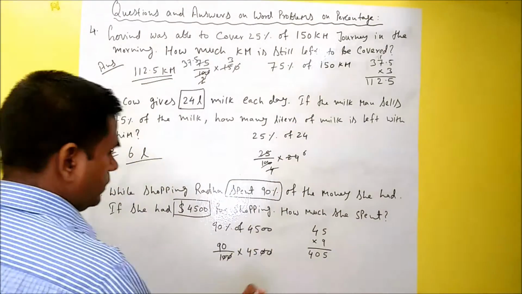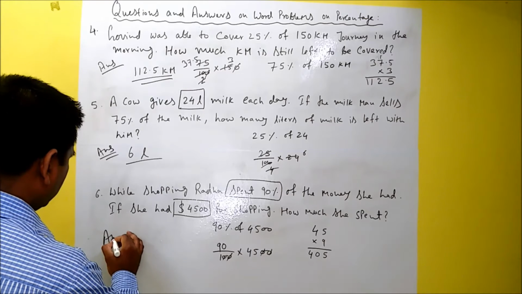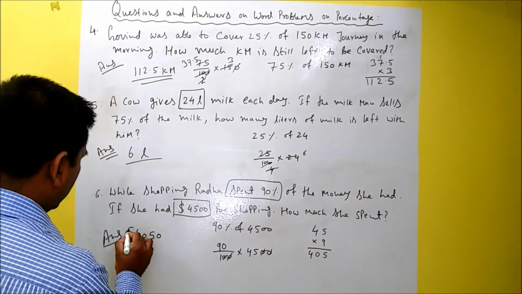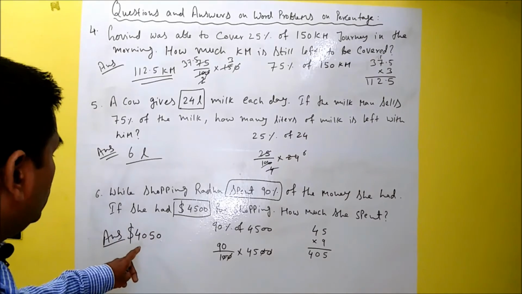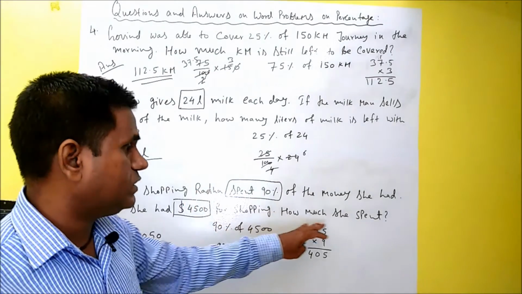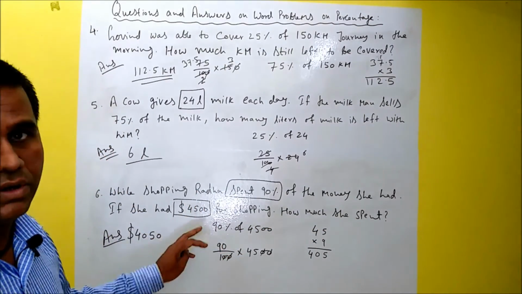So 405. So upon adding this 0, the answer is 4050 dollars. So $4,050 is the amount which Radha has spent for the shopping. Okay, and total was 4,500.